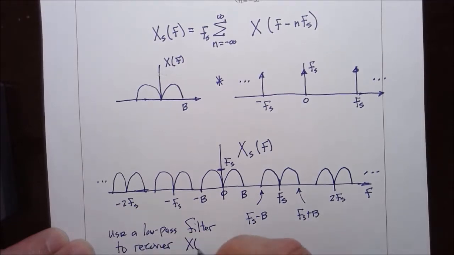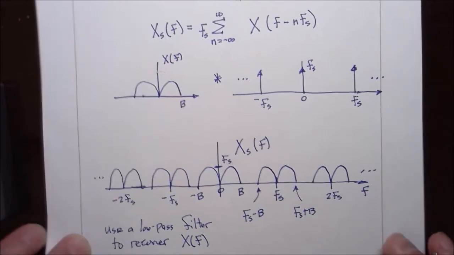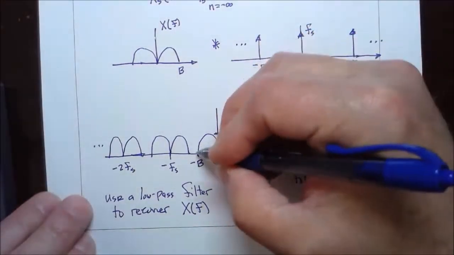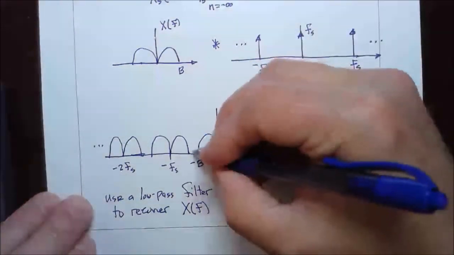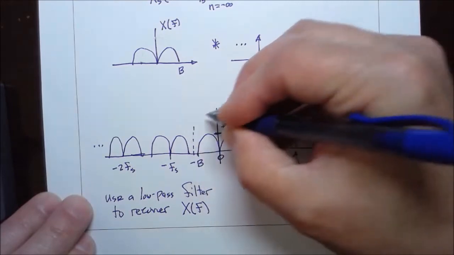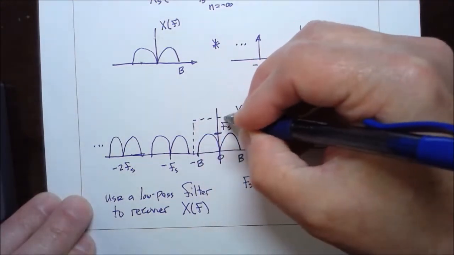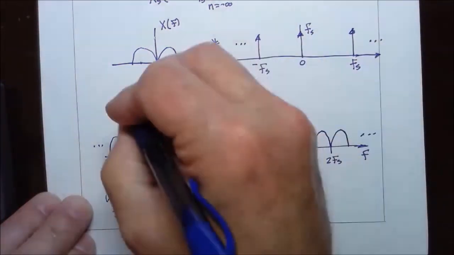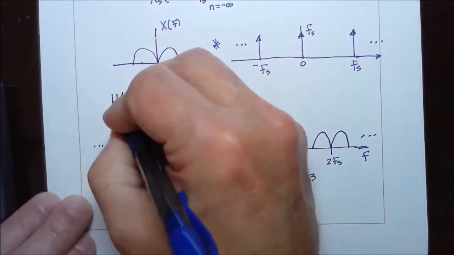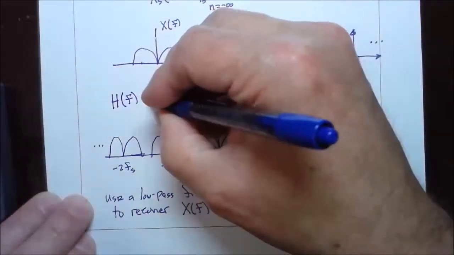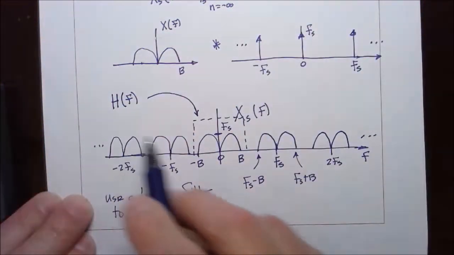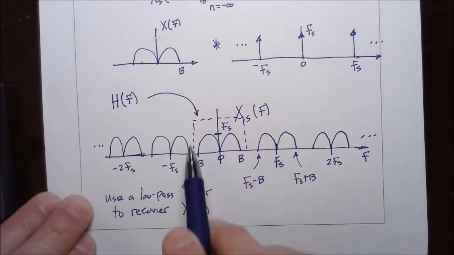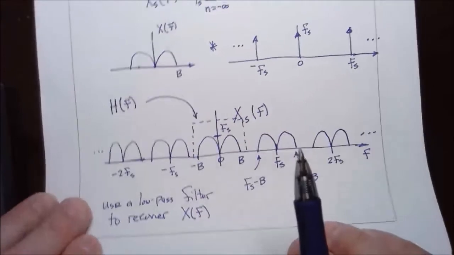What we want to recover is the spectrum of the original message signal. So if that low-pass filter, let's say, has a transfer function that looks something like this, so this is the transfer function of a low-pass filter, and if we use this transfer function, we can recover the spectrum of the original signal.